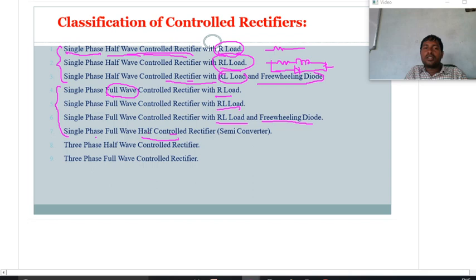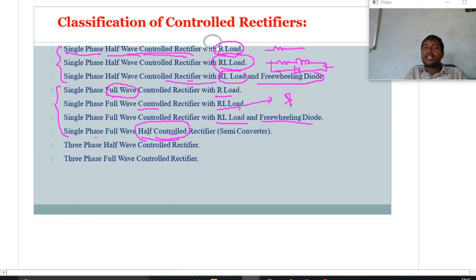So in this full control rectifier, full wave rectifier, we can use 4 thyristors. Fully or full controlled, if you observe this part, you will get 4 thyristors used.